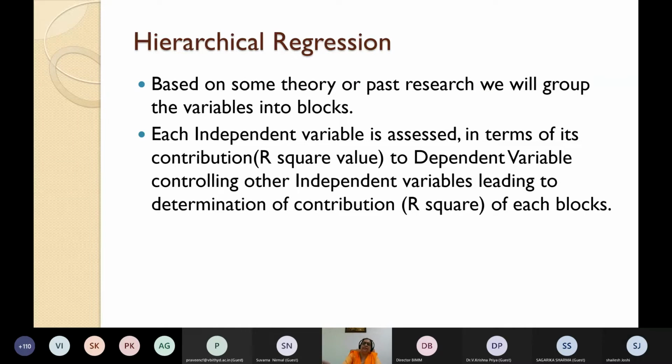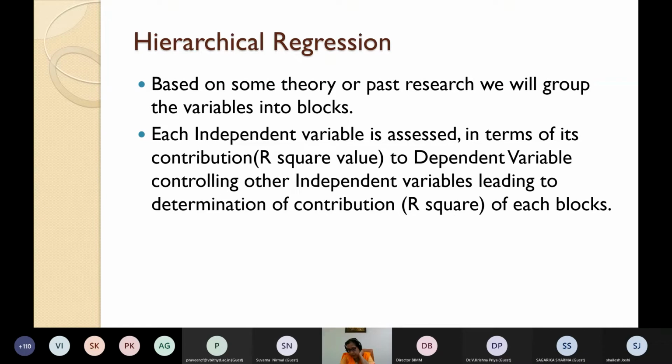The order of variable entry into the analysis is based on some theory, some domain knowledge of the expert. So instead of letting a computer algorithm or software choose the order in which the variables are entered in the equation, these orders are determined by the researcher based on some theory, some past research.